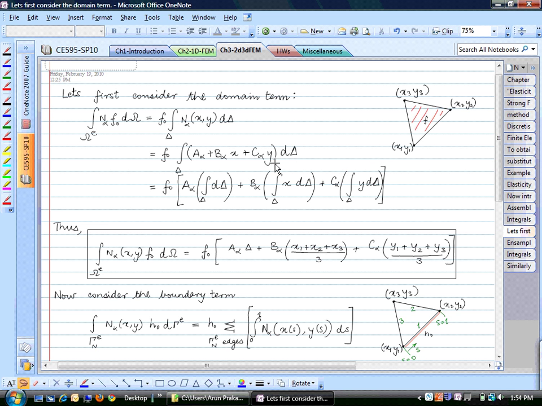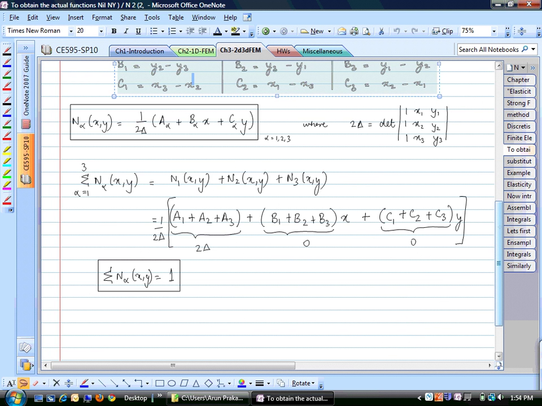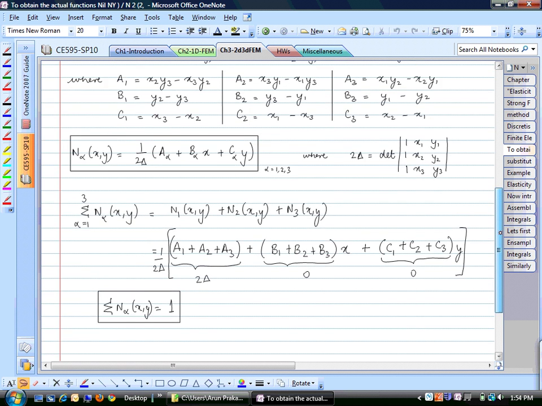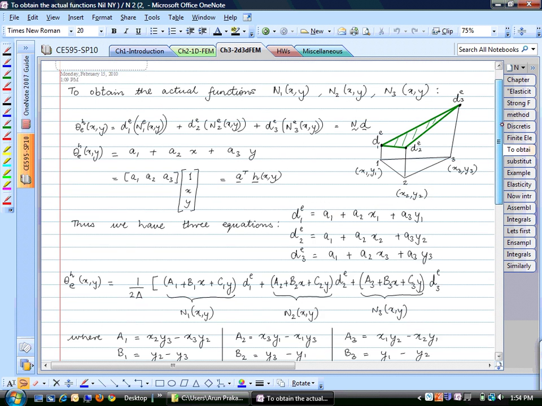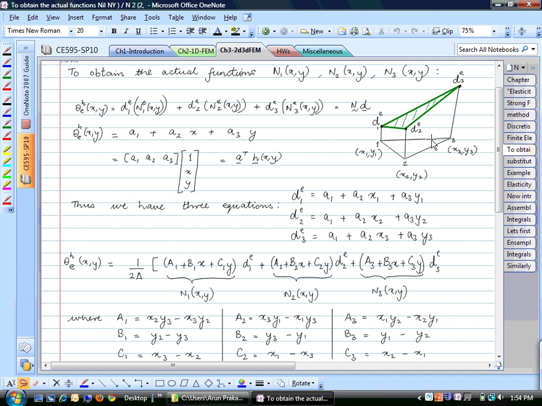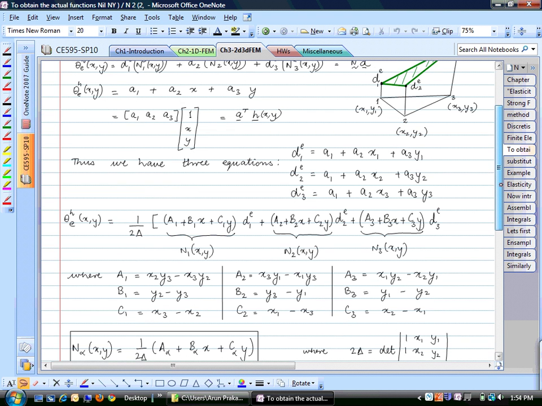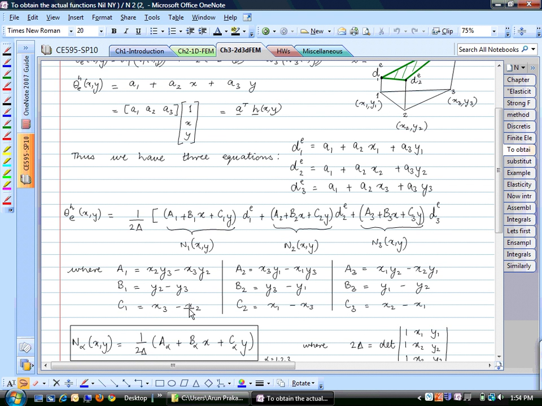And we saw even last time that these shape functions are given as a linear expression. This is something that we did last time, if you remember. For example, if you have these 3 coordinates 1, 2, 3, you can construct these equations and solve back for your a1, b1, c1, a2, b2, c2, and so on.